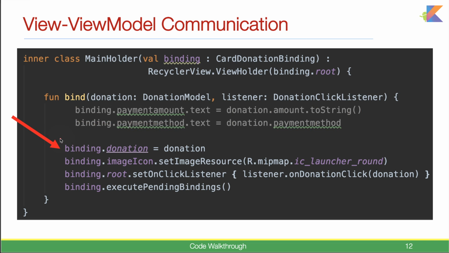We are updating the donation data element that we have inserted into the layout with the individual donation that has been passed to our main holder class, and internally inside the bind function, attaching our data from the raw donation and displaying them in the layout via data binding.